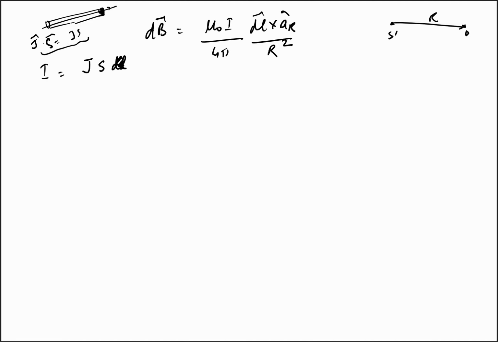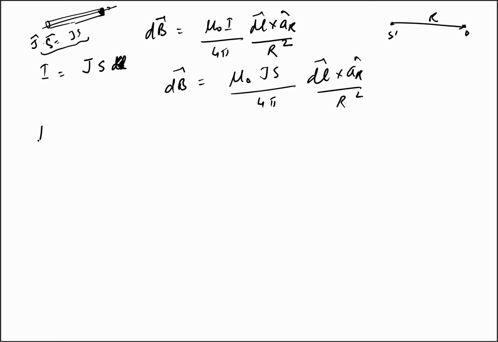So I will put this here: dB is equal to mu naught Js over 4 pi dl cross ar over r square.